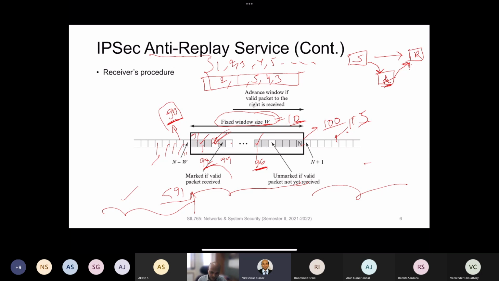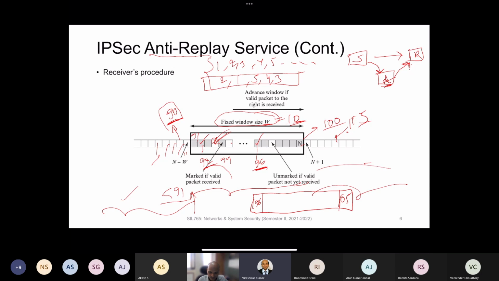Because this packet 105 has reached, the receiver is going to expect that it will be receiving the packets 104 or 103 very soon, and therefore the window is moved to 96 to 105. Okay, so if you receive a packet on the right side of this window, then you move the window to the right.